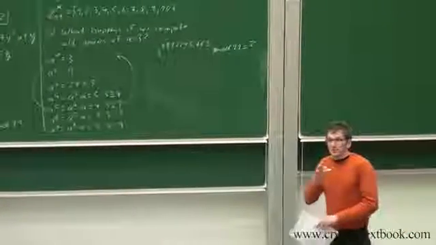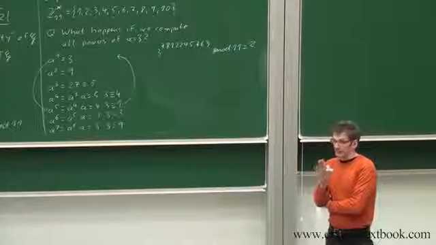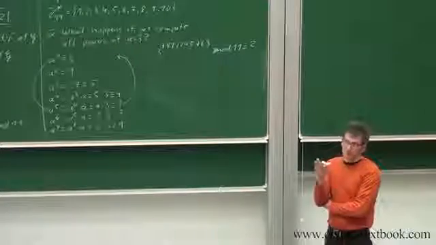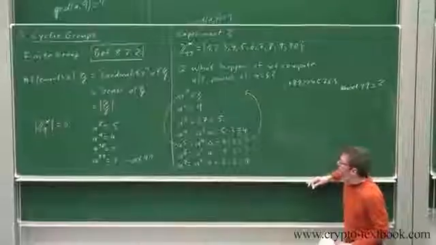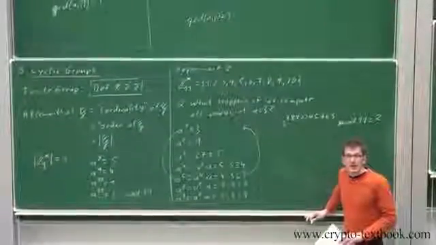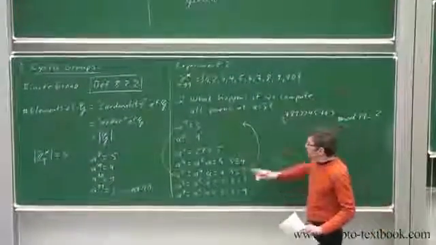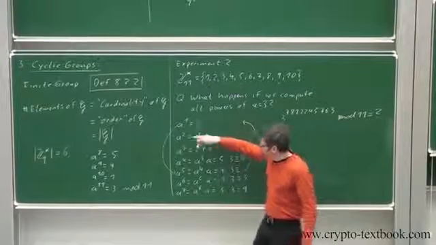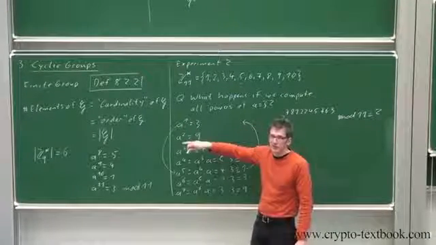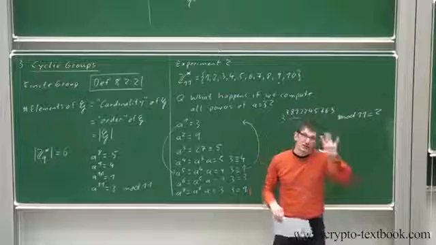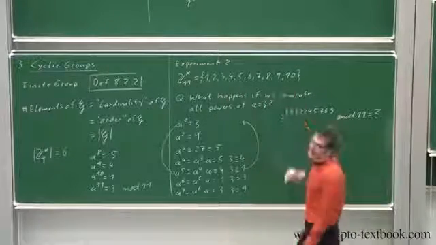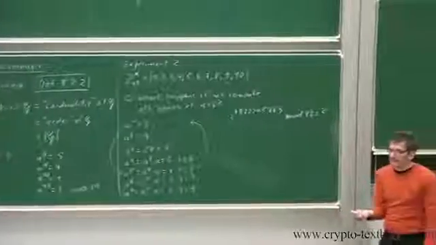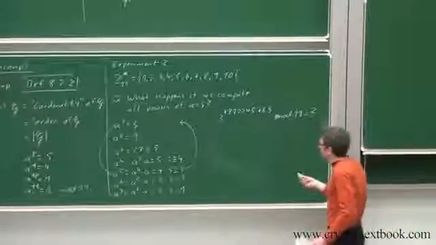Okay, so it's important. Now it's getting more complicated, or important, or non-trivial. With a equals 3, if you look at all the powers of 3, we can only reach 5 numbers: 1, 3, 4, 5, and 9. And this property of the number 3 has a special name.